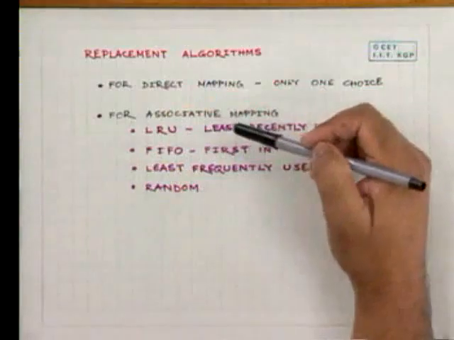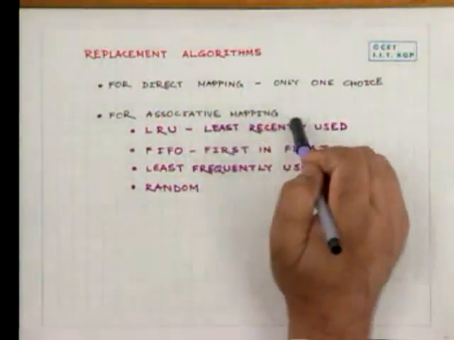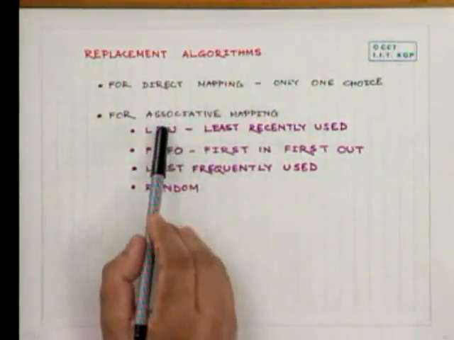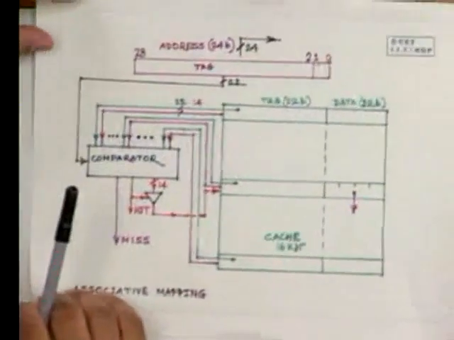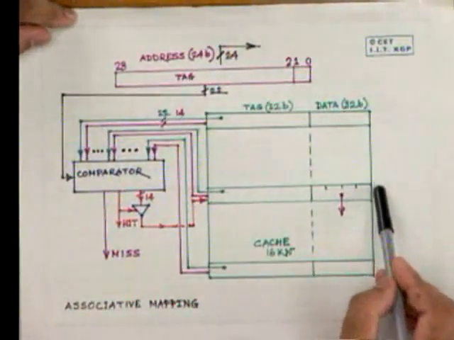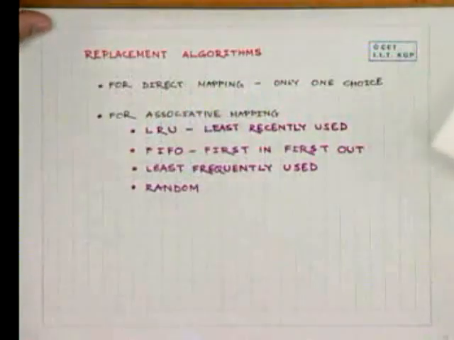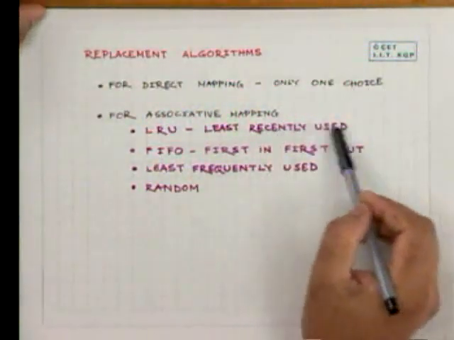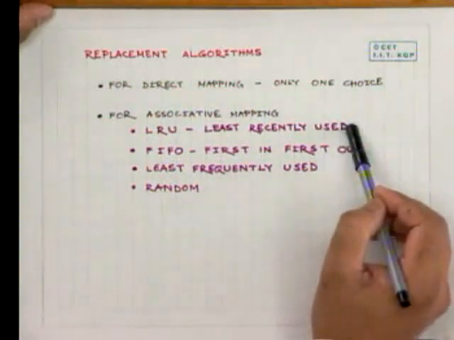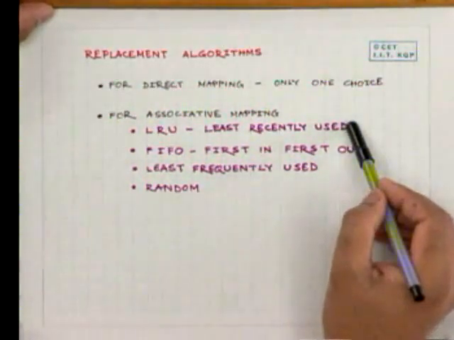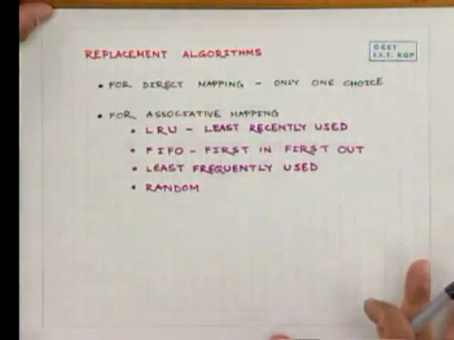That means that line of the cache will be replaced by the new content which has not been used recently at all, or rather you can say which has been used quite long back.